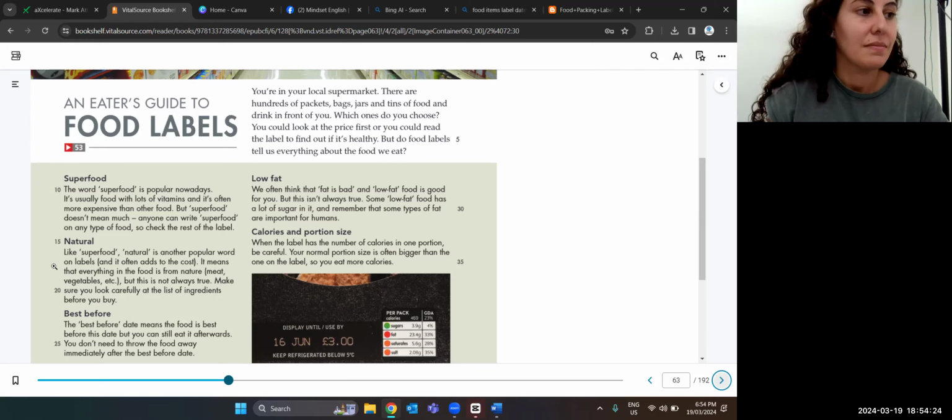Meat, vegetables, etc. But this is not always true. Make sure you look carefully at the list of ingredients before you buy.